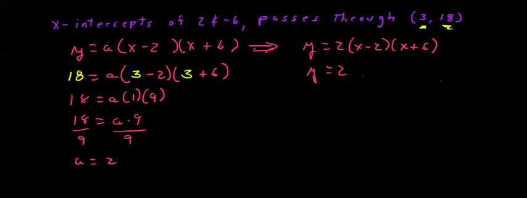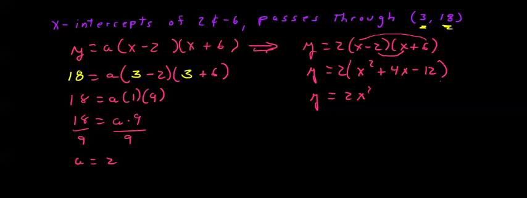Do our binomial multiplication, x squared plus 4x minus 12. Plus 6x minus 2x gives me plus 4x. Distribute: 2x squared plus 8x minus 24.